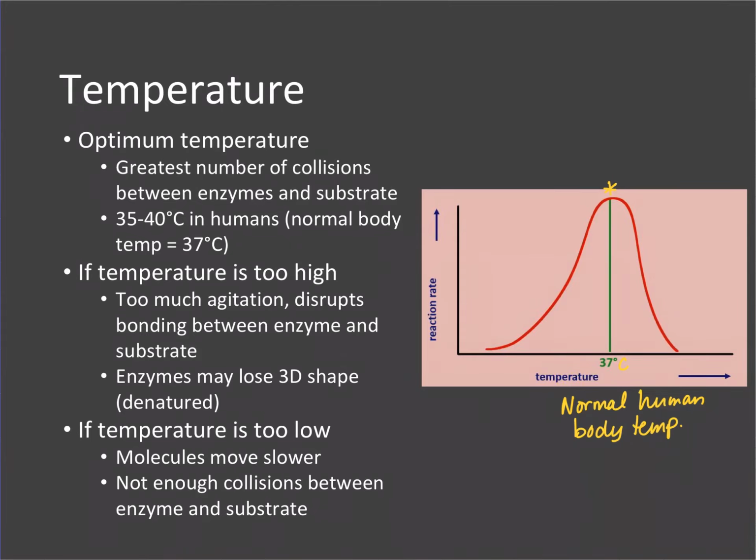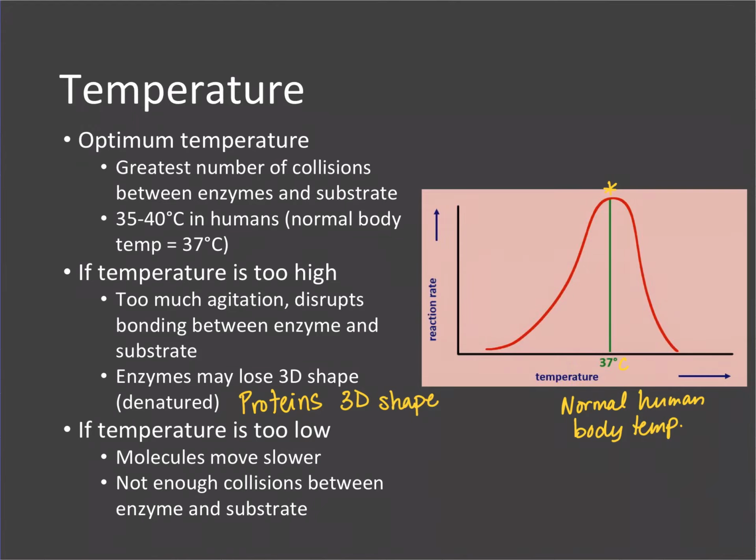Sometimes if temperature is too high, the enzyme might actually become denatured. So remember that enzymes are proteins. And proteins have a three-dimensional shape. And that three-dimensional shape is really important. So we've talked a little bit about how enzymes and their substrates have this kind of lock and key or puzzle piece model.